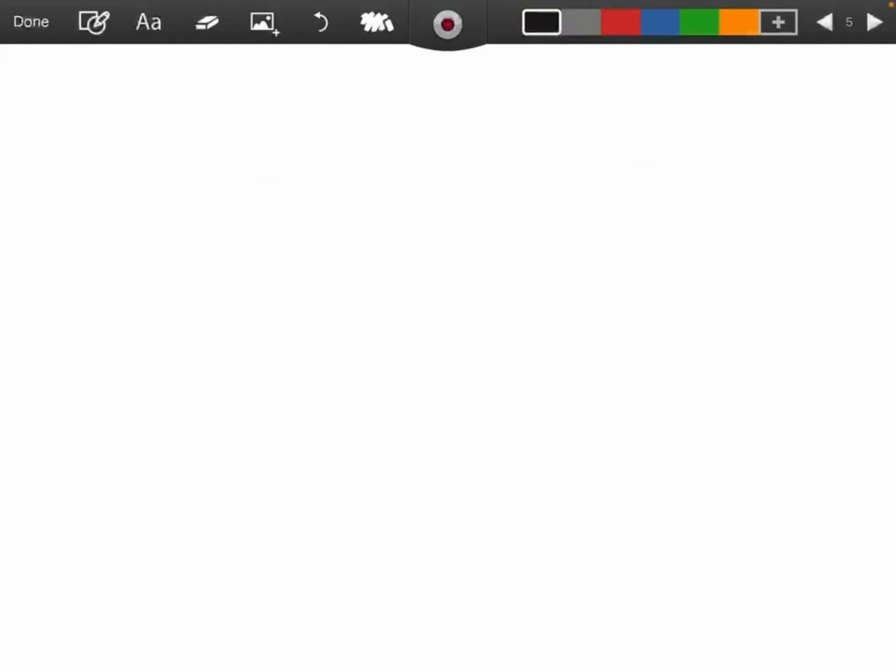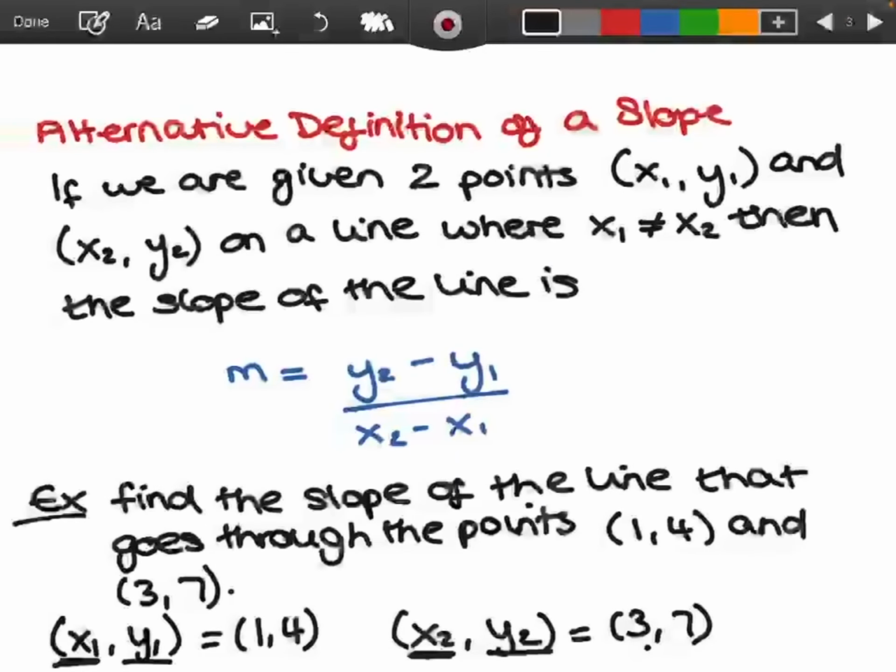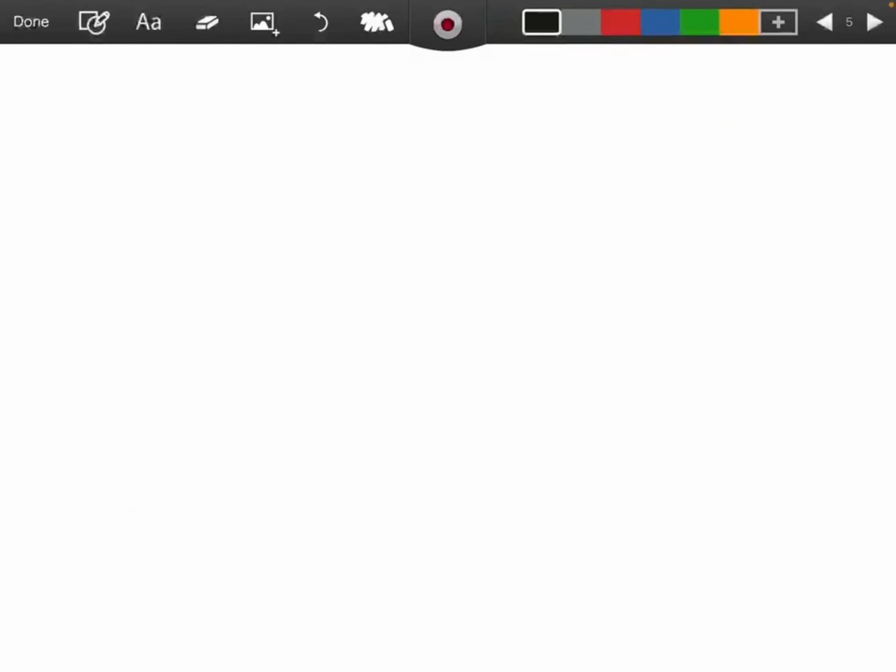I'm going to do a very quick bit of algebra here to show you why this formula actually works if you are interested. Okay, so this formula that we have suddenly come up with for m to find the slope if you're just given 2 random points, why does it work?